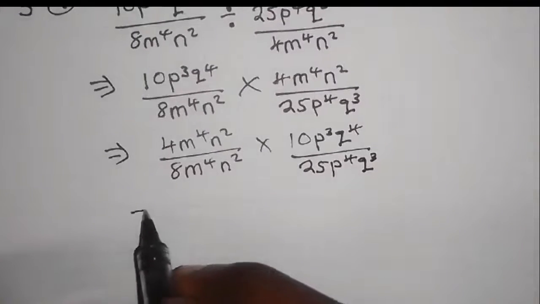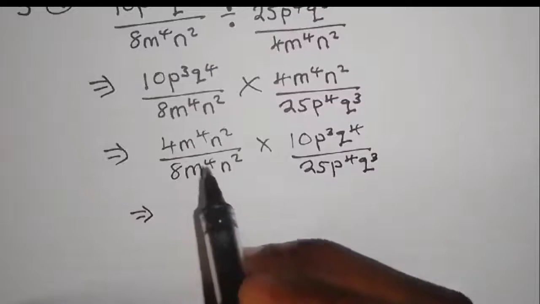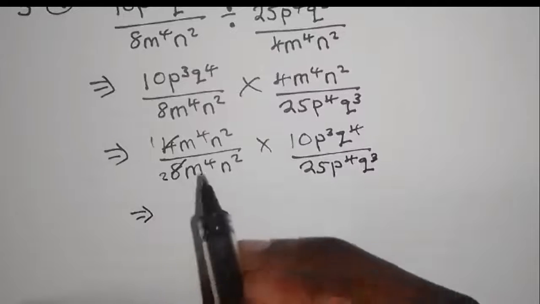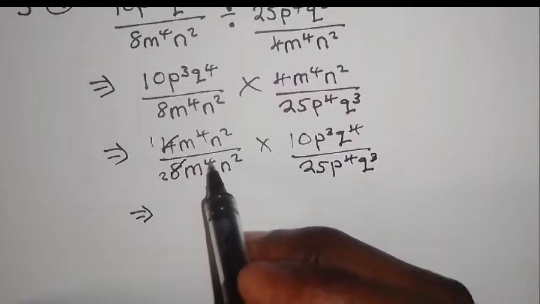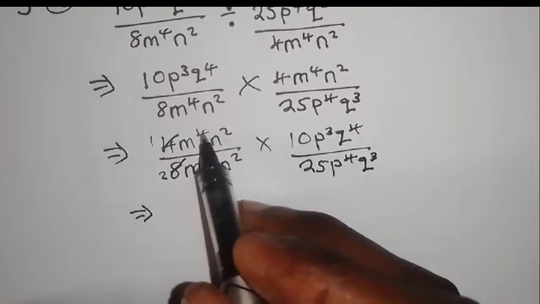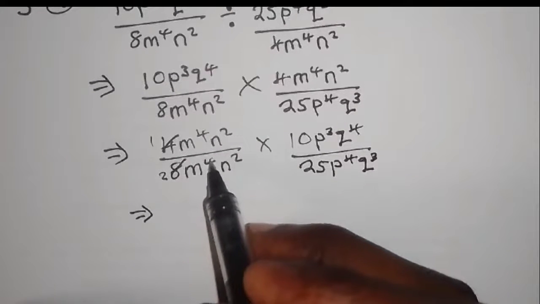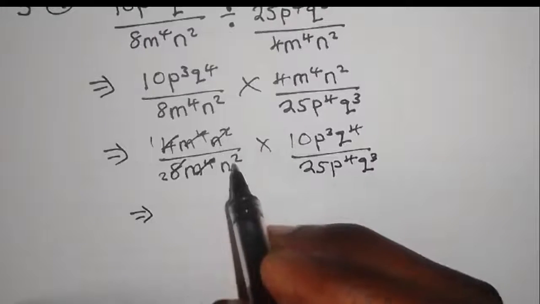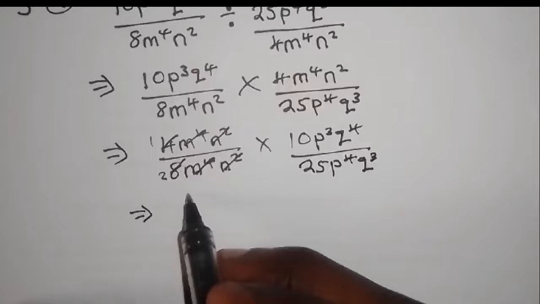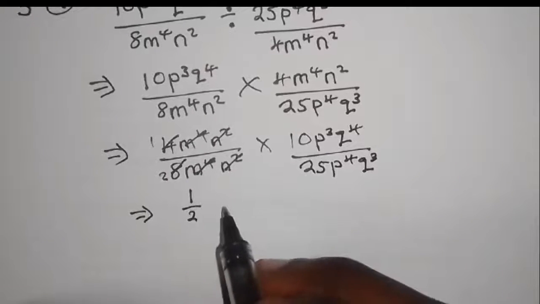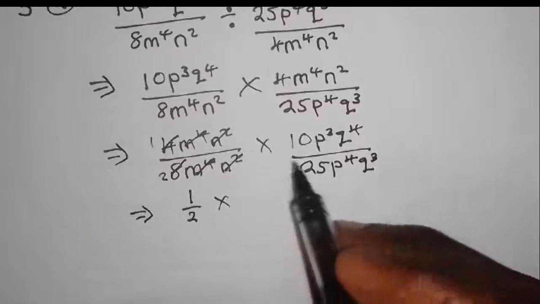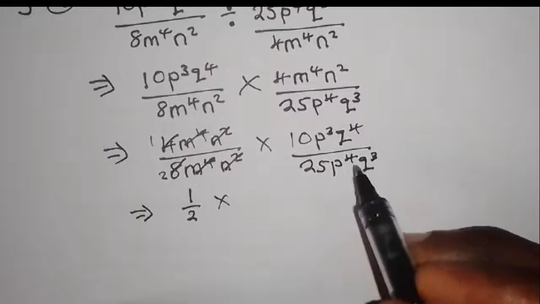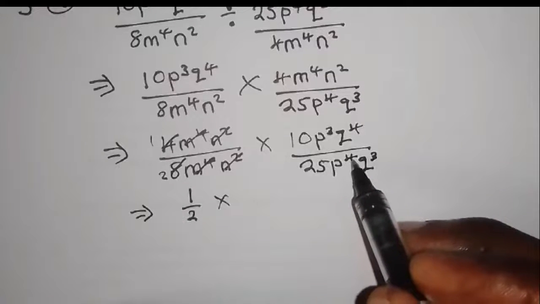Then from there, you can see that 4 into 4 is 1, 4 into 8 is 2. Then we know that 4m to the power 4 divided by m to the power 4, this just goes out, and then also this one goes out. So you're going to remain with just 1 over 2, and then multiply by this. And then from here, we know that this is p to the power 3 divided by p to the power 4.